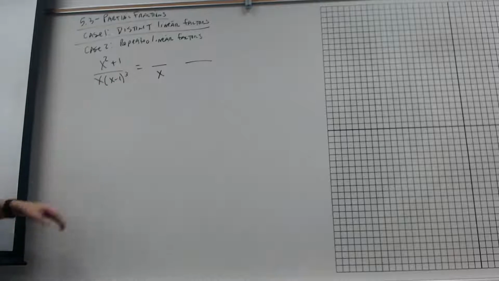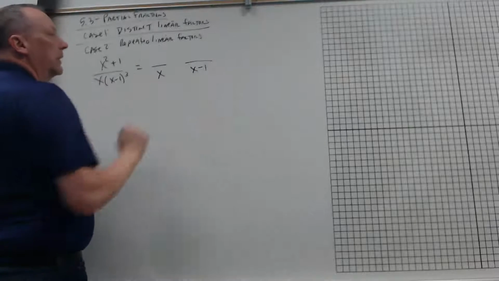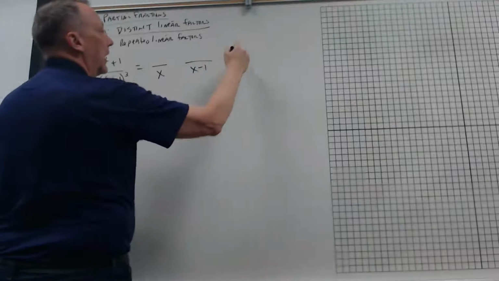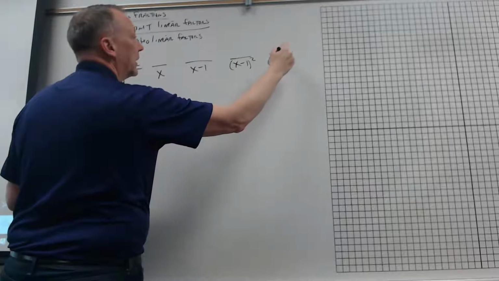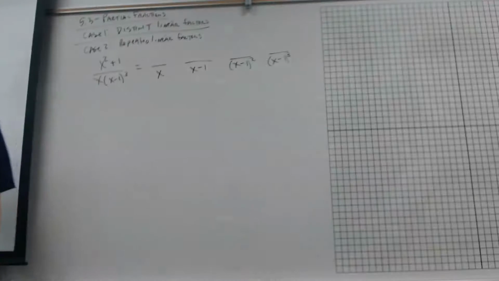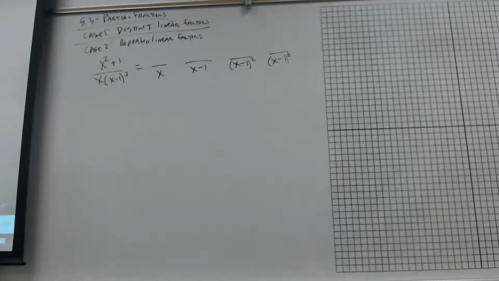Because it's repeated, I'm going to put x minus 1 here, and then I'm going to do x minus 1 squared, and then I'm going to do x minus 1 to the 3rd power. Okay? So, I'm going to add all of those together. Now, in the numerator, what do you think we should put in there?